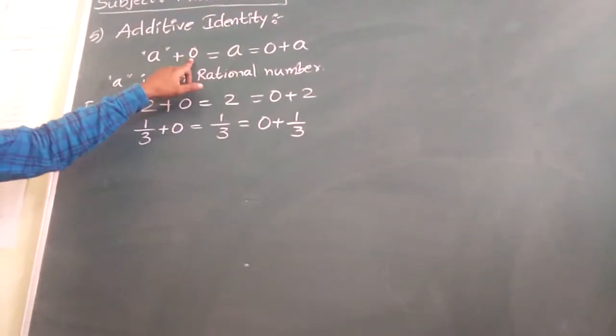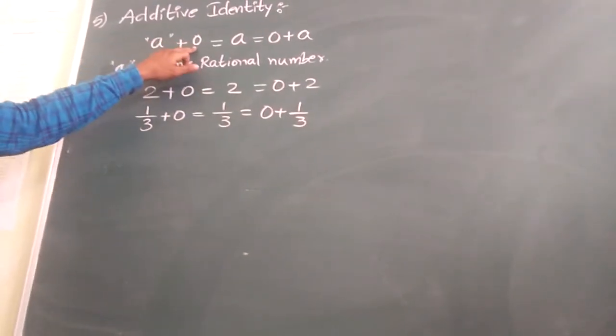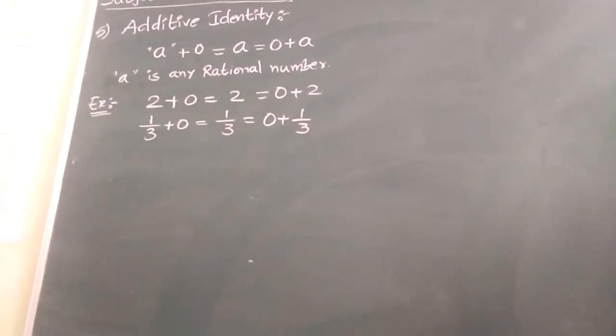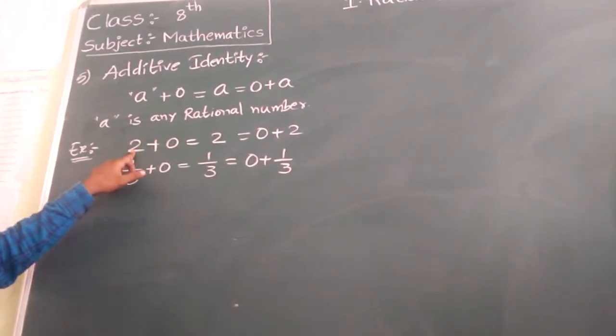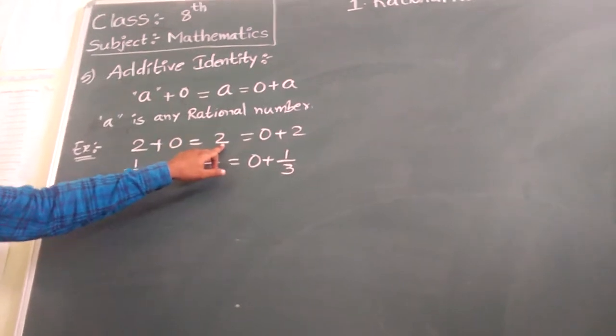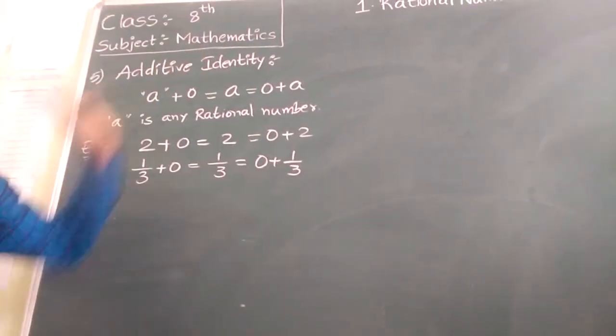So that's why we can call 0 the additive identity.